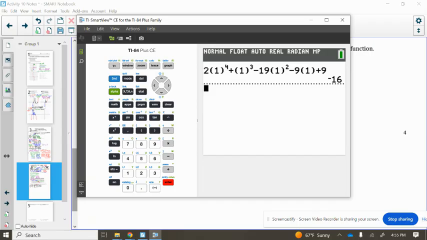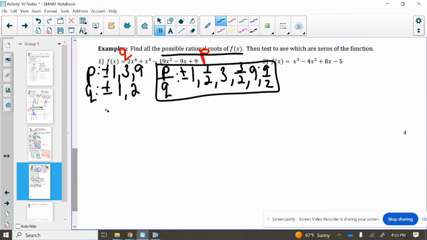And what we see is that our output value on this one is negative 16, which means this is not going to be a 0.